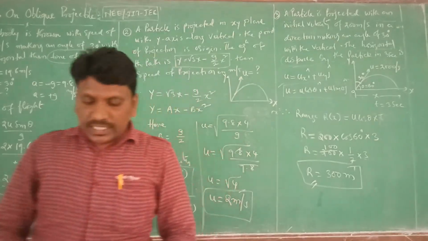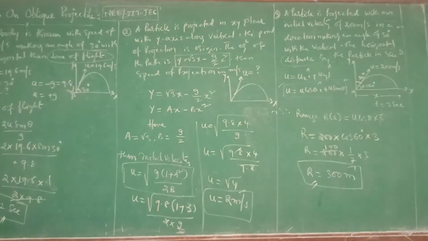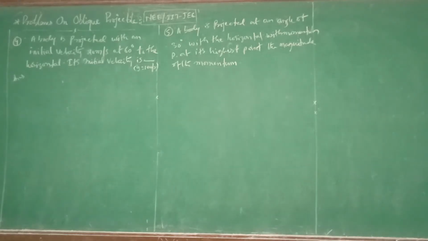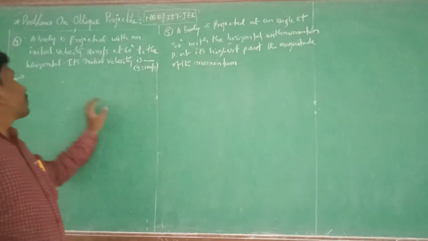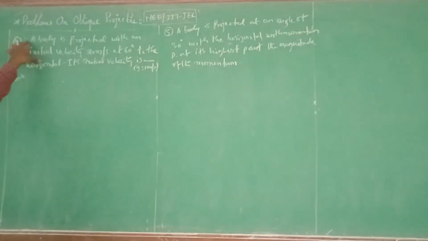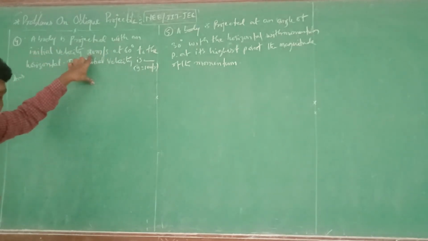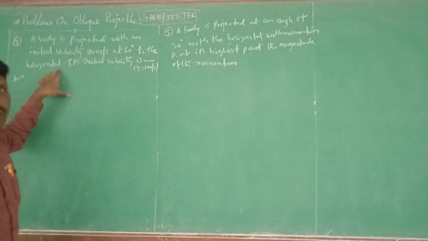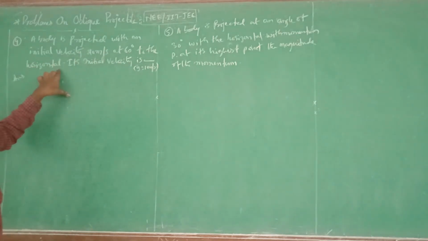Now let us see the fourth question. A body is projected with an initial velocity 20 meter per second at 60 degrees to the horizontal. This is very very important. Previously it was to the vertical, now this is to the horizontal.